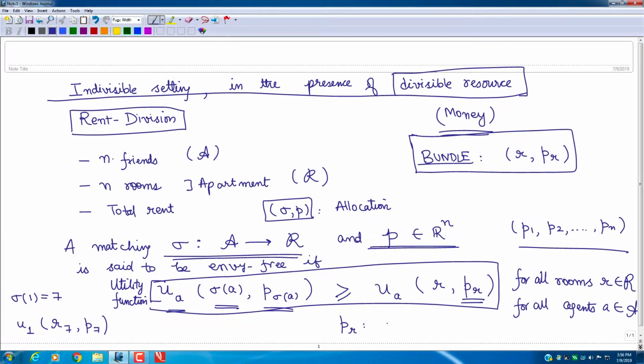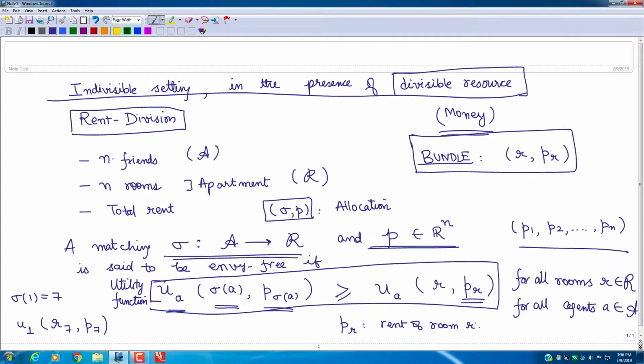P_R just represents the rent of room R. And sigma A means the room he is being assigned under the matching sigma. So the problem again is the first existential question.